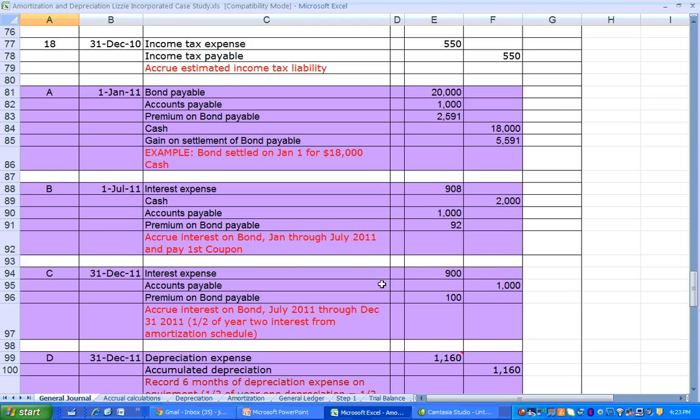And I put in the accrual calculations. You can see the actual calculation of interest that is recorded. There's the $907 for the first half of 2011, which I got by taking my amortization schedule and multiplying that by 50%.